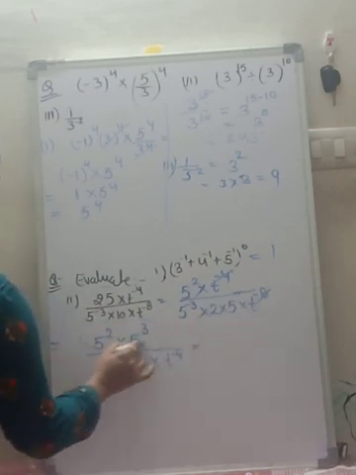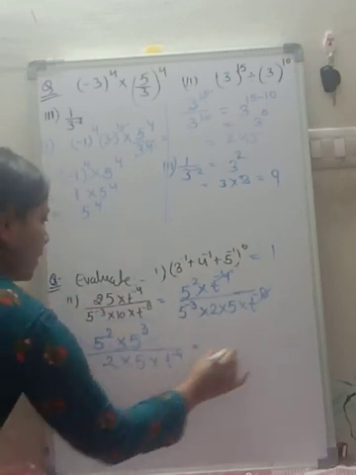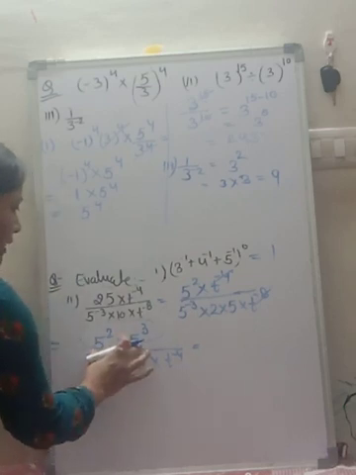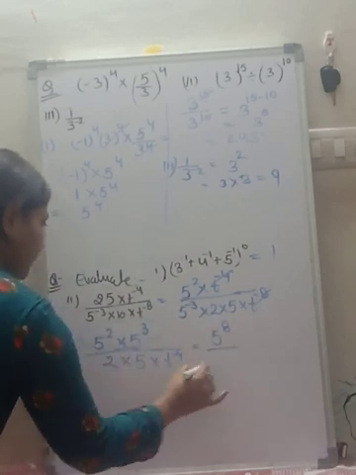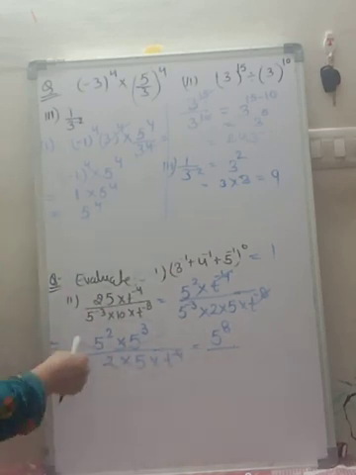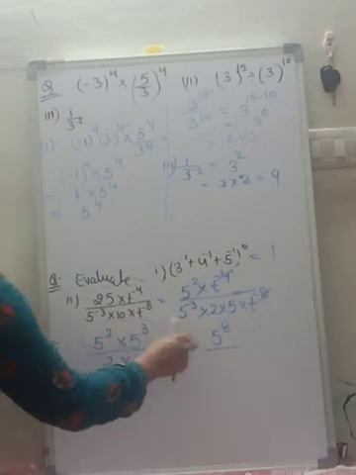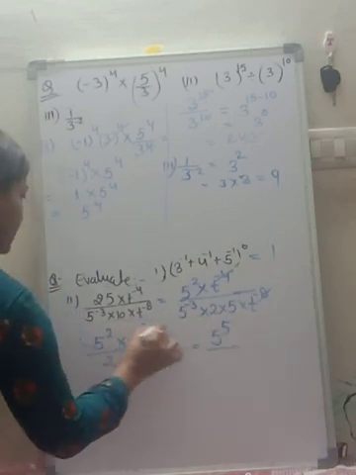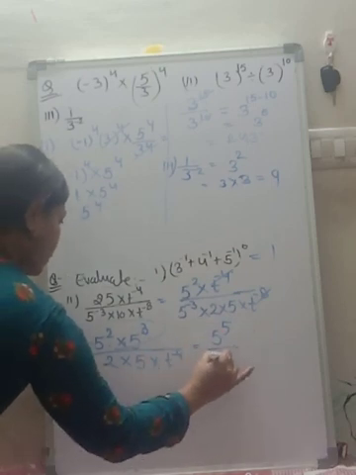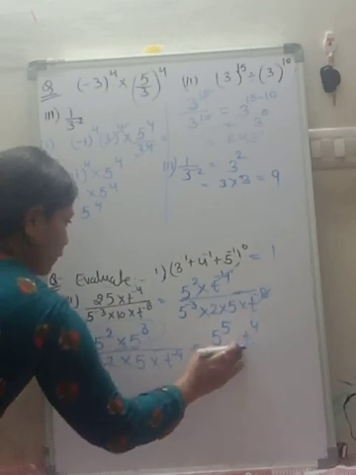Now again for the 5s, you already know the base is the same, so the powers will be added. 2 plus 3 is 5, and 2 into 5 and t^4.